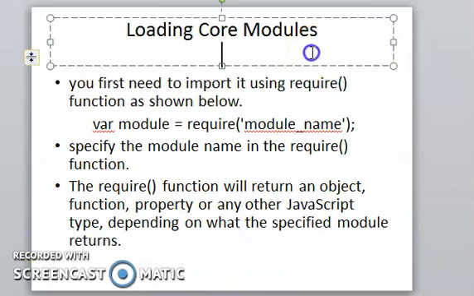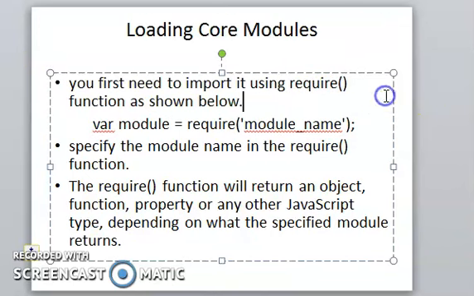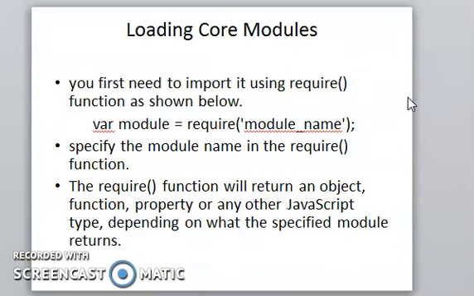By using the require function, we can include or import our module. The syntax is var, then a module variable, any variable name we can use, and then the keyword require, then which module we are importing.